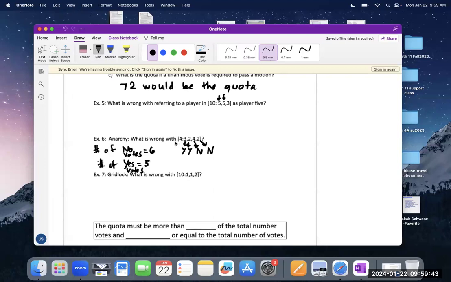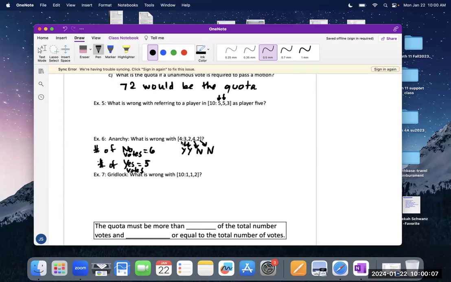Because we need to make a decision at the end of the day. We can't have a tie here. We're like, oh, we don't know what to do. So what they say is the quota should always be more than the majority of the votes. That's what's happening here. This quota of 4 is so small that both sides can easily meet that quota.